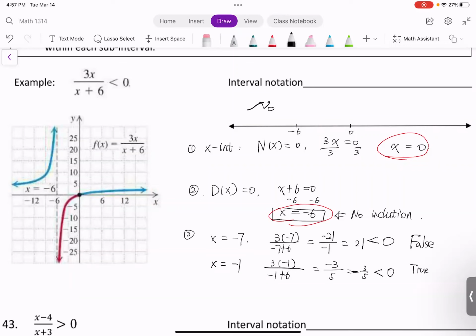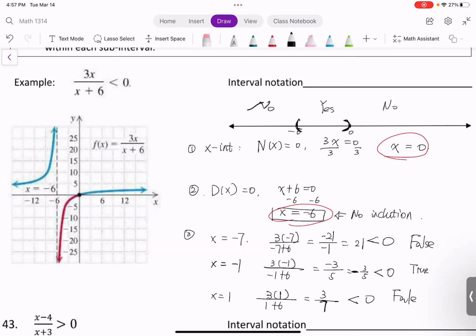So let's pick a number greater than 0, so x equals 1, positive 1 this time. 3 times positive 1 divided by 1 plus 6. We have 3 over 7, which is positive. Is that less than 0? No, this is false. We only have yes between, no here. So we use parentheses containing the number line between -6 and 0.